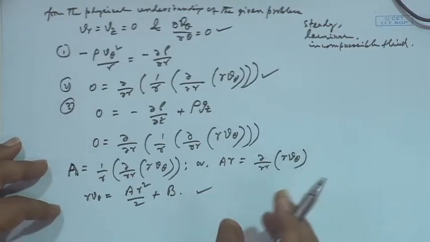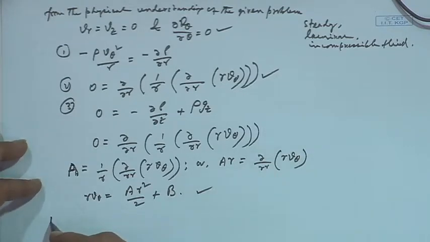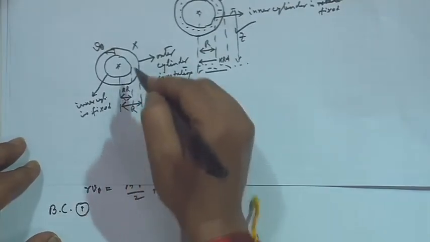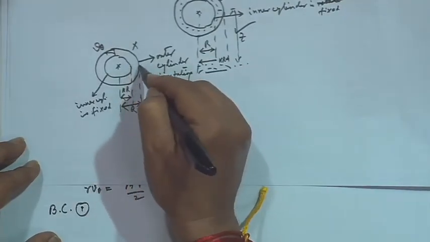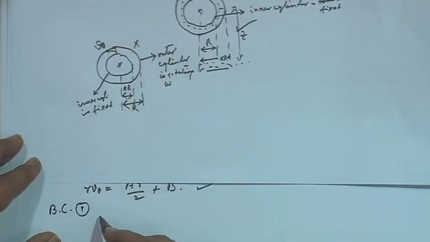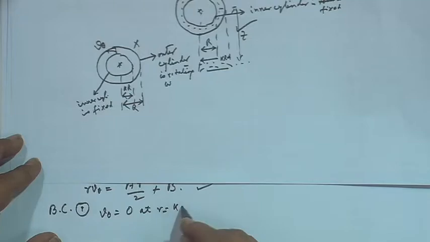Now, when we apply the boundary conditions, what are they? Boundary condition 1: here this is constant and this is rotating. So, V theta is equal to 0 at r is equal to kR, right.